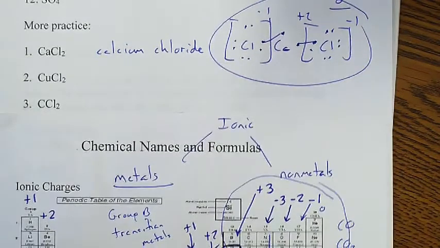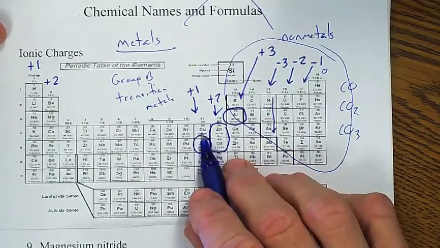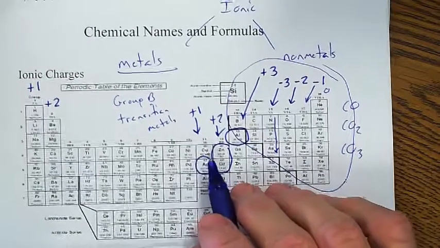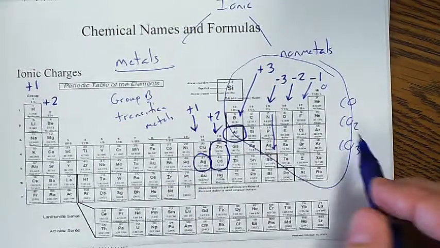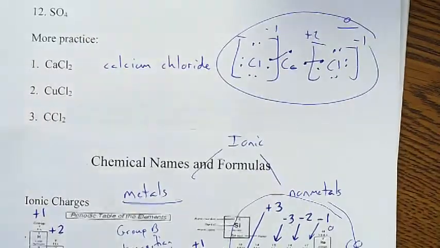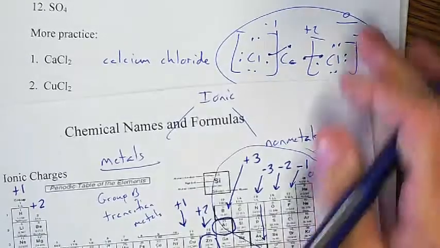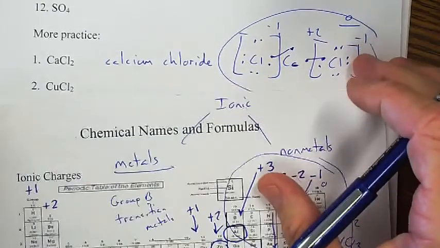All right, the next one, copper chloride. There's copper right there. We don't know its charge. Metals are always giving electrons to non-metals. So since we cross the charges to put that together, you have to uncross them to figure out the charge of copper. So the way we do that is that we always check the charge of the non-metal.